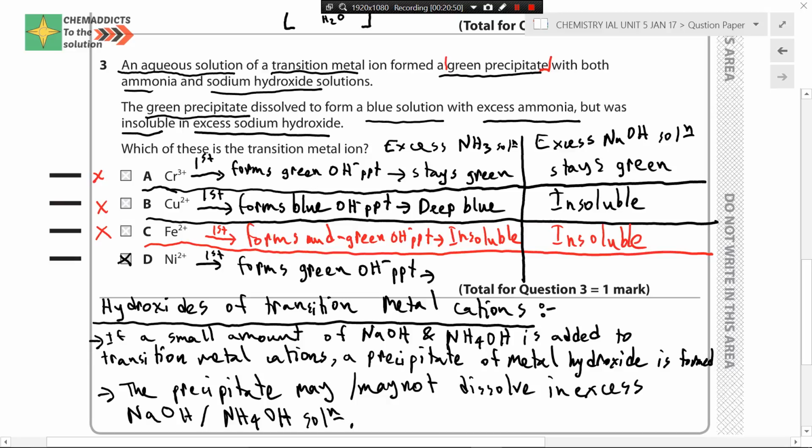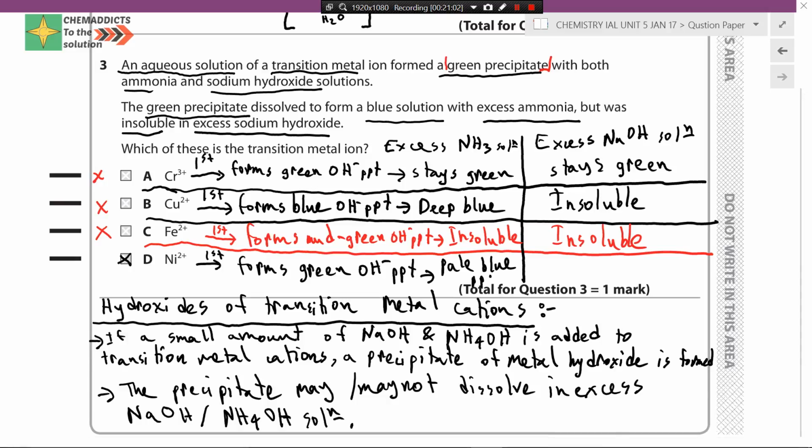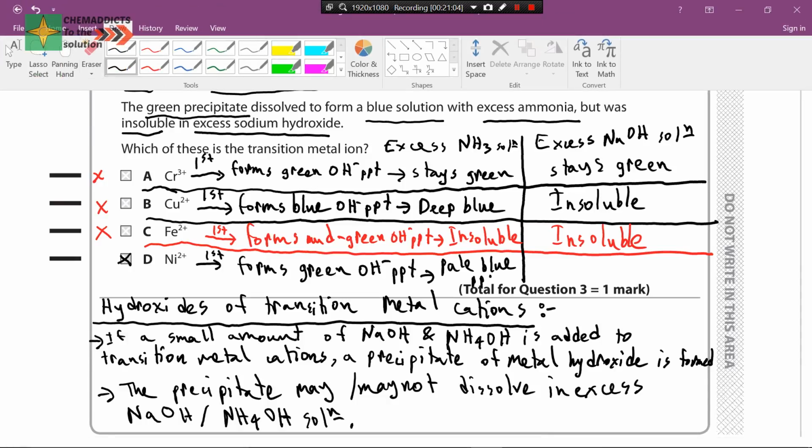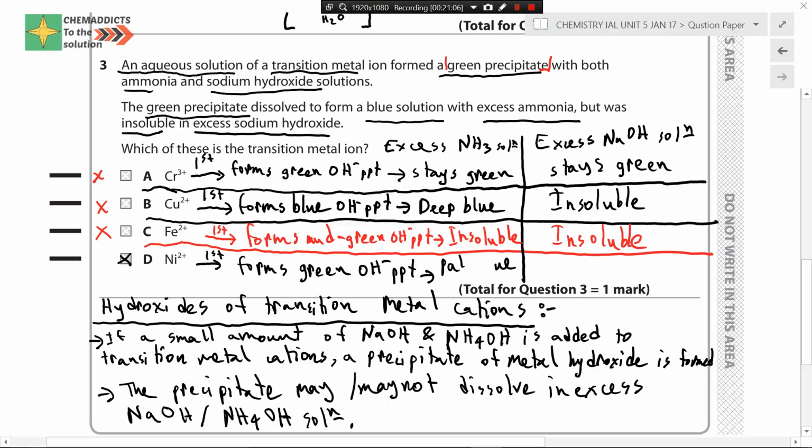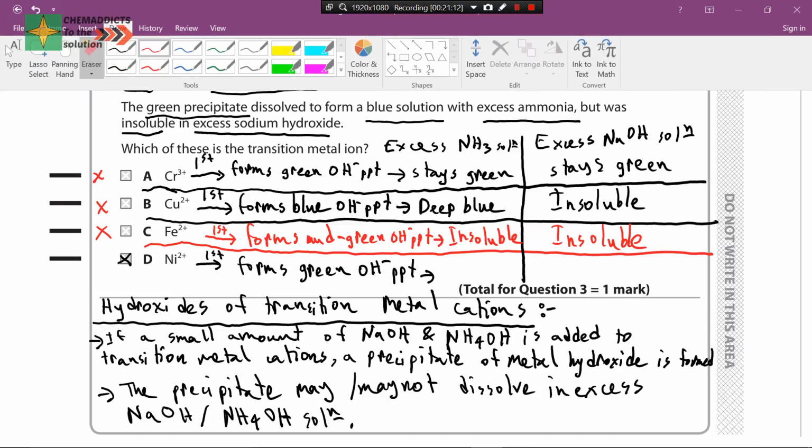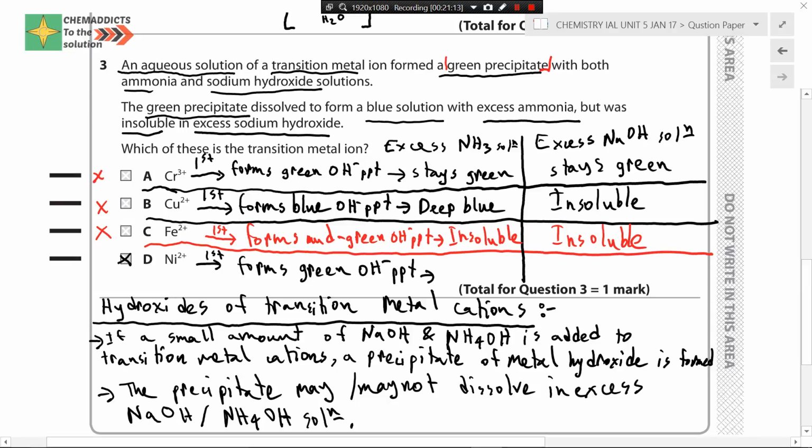Then on further adding excess ammonia solution to this precipitate, this will give pale blue precipitate. Sorry, extremely sorry, this should be solution. Since this is supposed to be the answer, this should be deep blue solution.